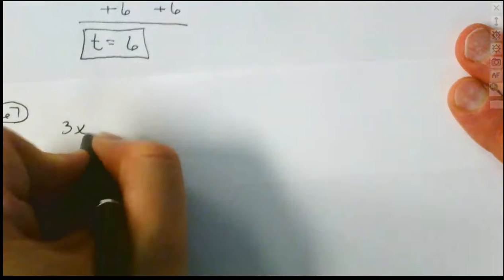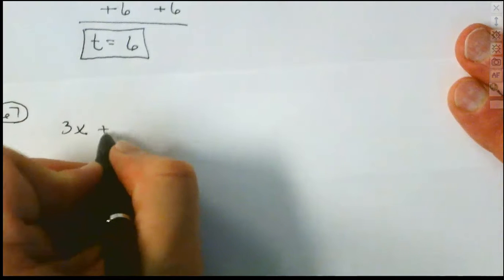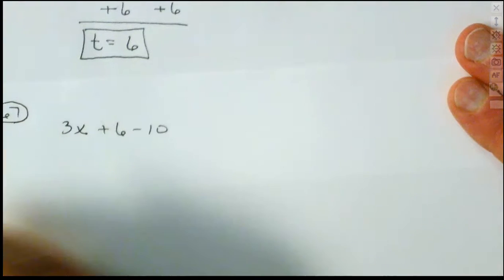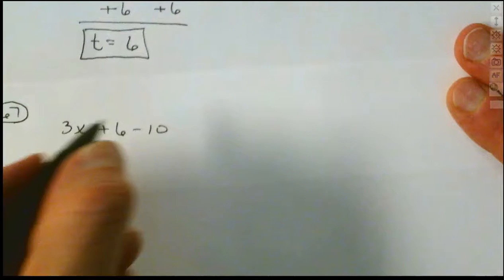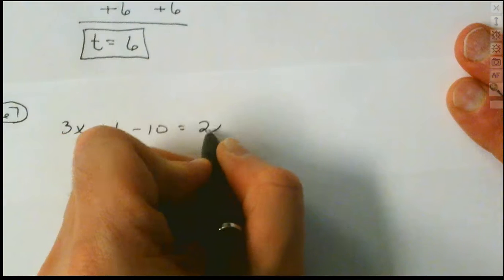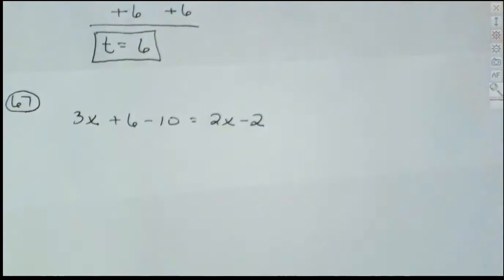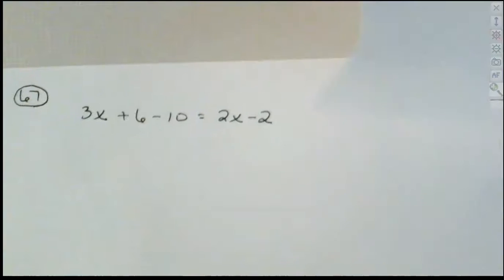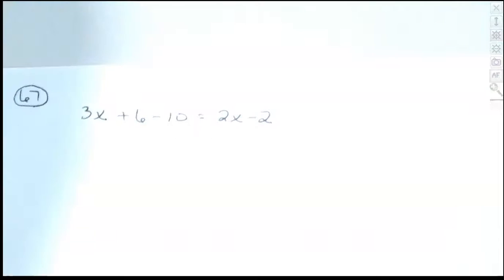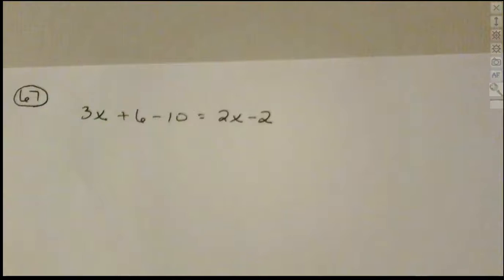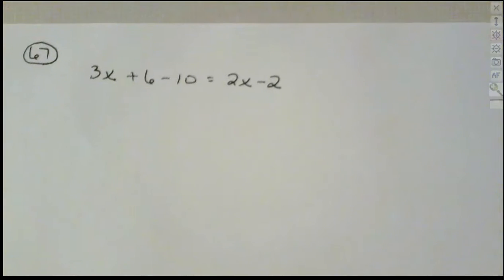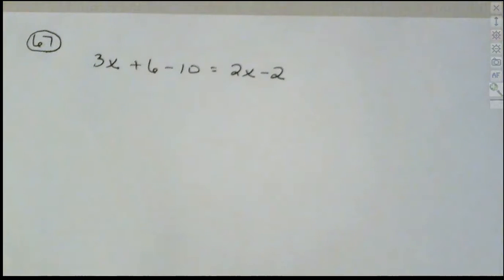So we've got 3x plus 6 minus 10 equals 2x minus 2. So when we look at this question and one like this question, before we start moving things across the equal bar, we want to see if we can combine them together first.